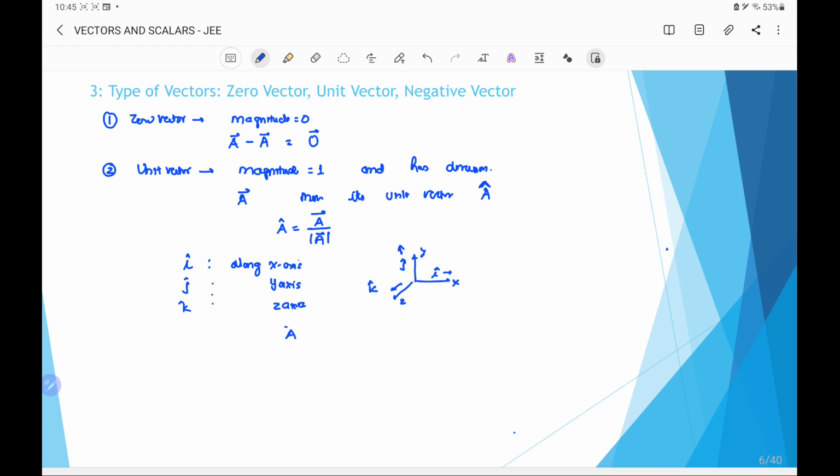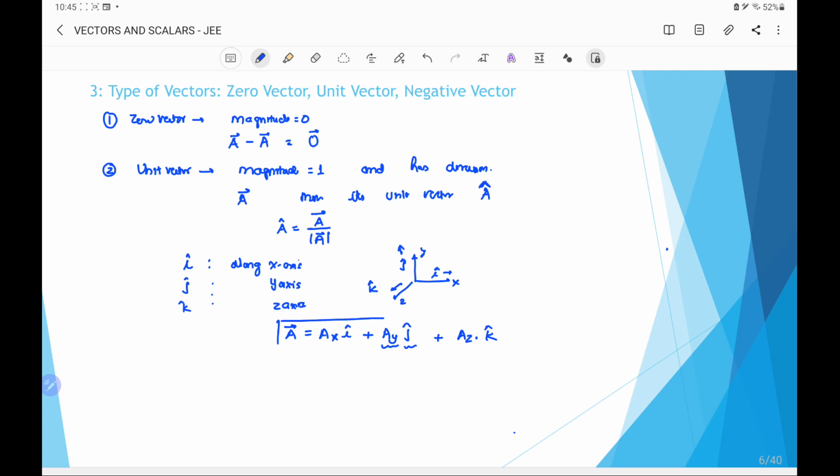A vector can be represented in terms of its unit vectors as Ax i, where Ax is the component of vector A along the x-axis, plus Ay and unit vector j. Ay is the component of vector A along the y-axis and direction is represented by j. Similarly, the component along the z-axis is Az and the direction is represented by k.